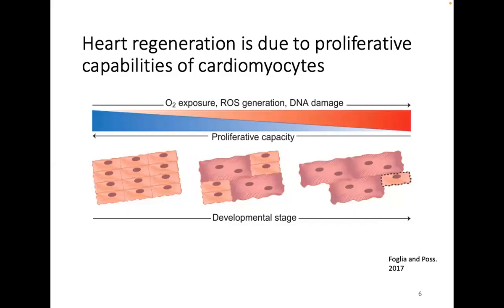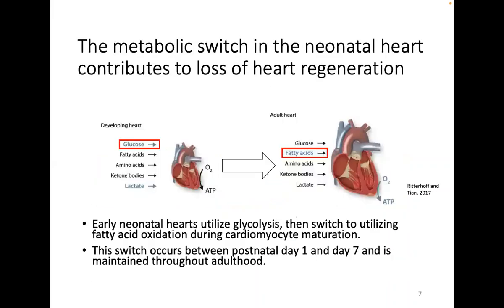One thing that comes along with that general maturation is a metabolic preference in substrate. So early neonatal cardiomyocytes really prefer glucose as a metabolic substrate, relying highly upon glycolysis as a source of energy.